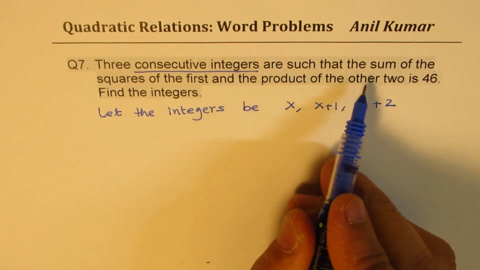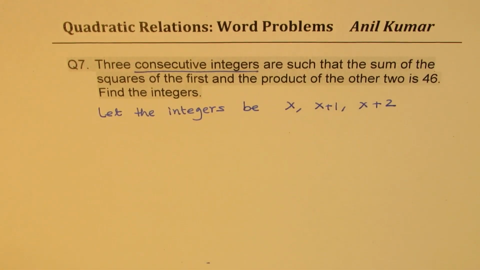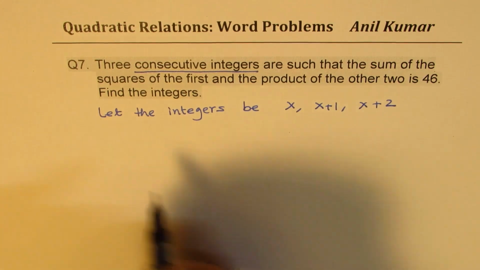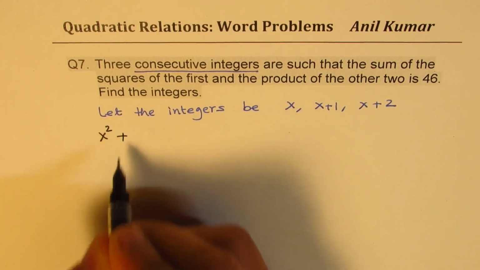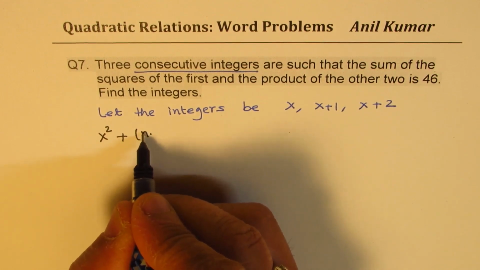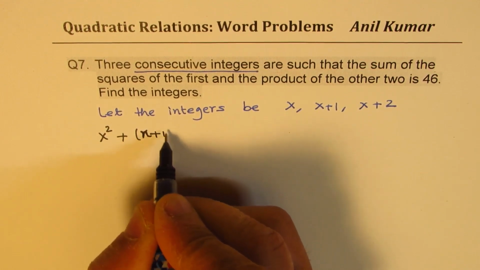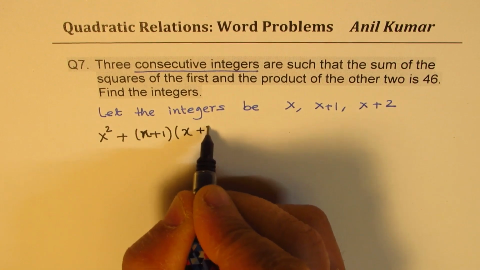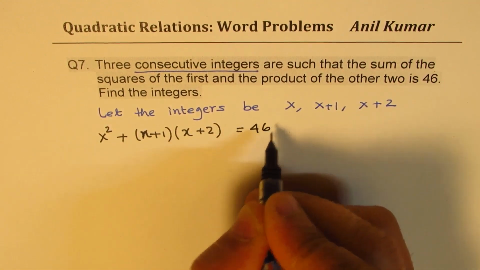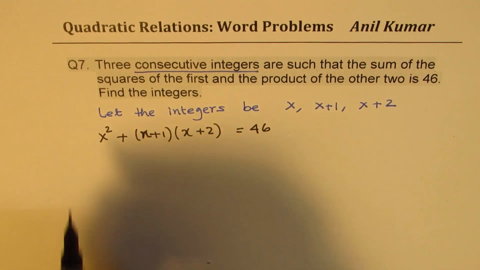Correct. Now the condition given to us is, we'll write down the equation and solve it. Sum of the squares of the first, that is x square, plus product of the other two, so that is x plus 1 times x plus 2 is 46. So that is how you get your equation. Now let's solve it.